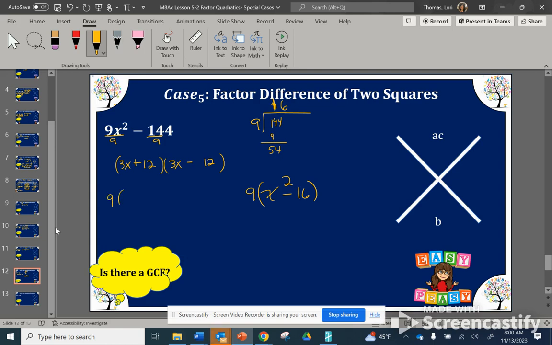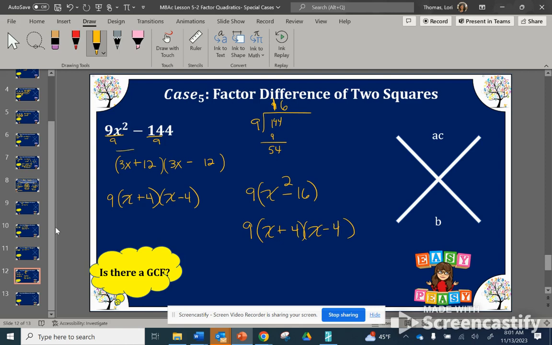So that gives us a 9, and we would be left with x plus 4 and x minus 4. Okay, but we should have checked to see if 9 could divide into 144, and it did. So again, that would give us this, and this binomial is the difference of two squares. So x and x plus minus 4 and 4.